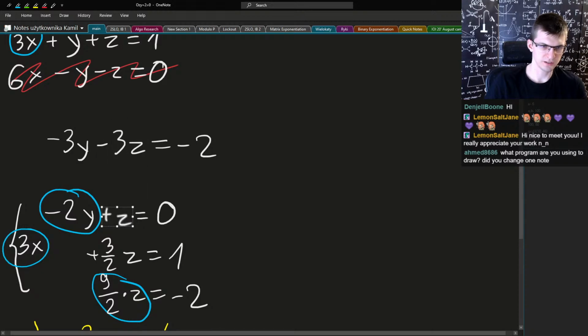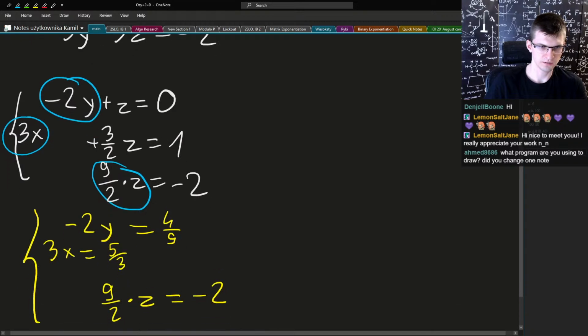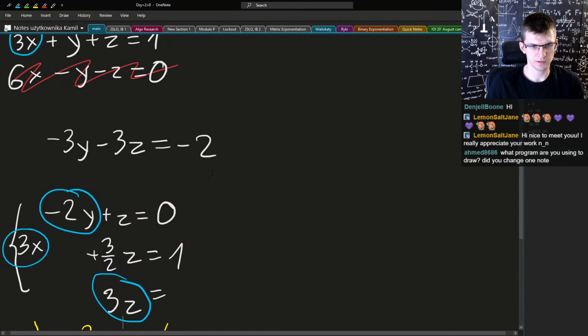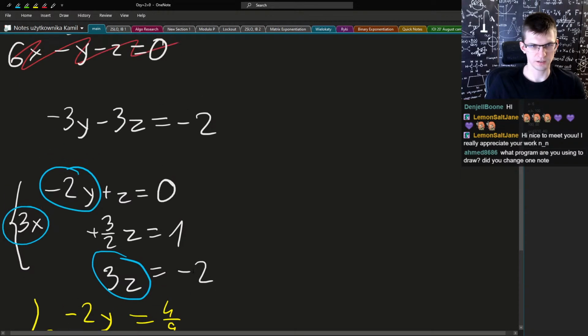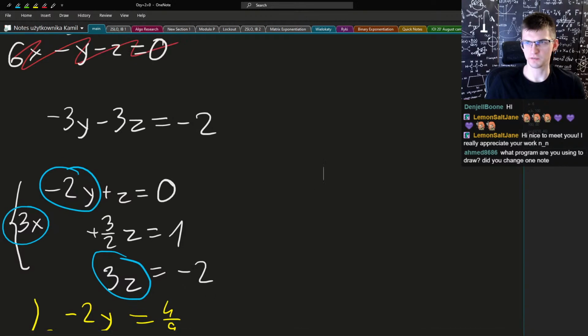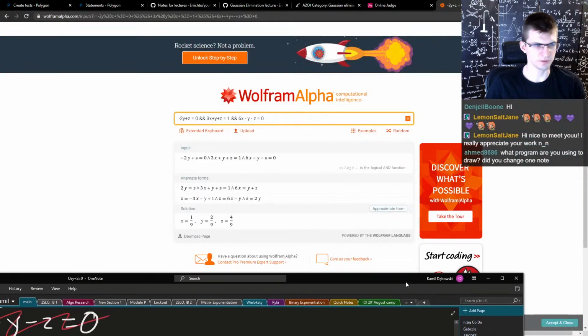So I should get 3z on the left. And I have minus, this doesn't do anything for us, so I just have -2. So is it true? Do I have z is equal -2/3? That can't be. Because I think Wolfram Alpha told us that everything is positive.